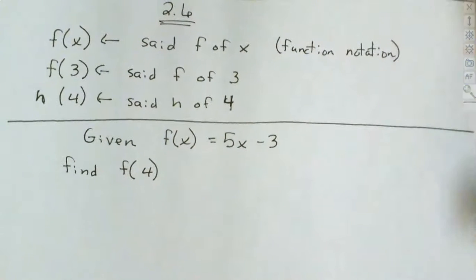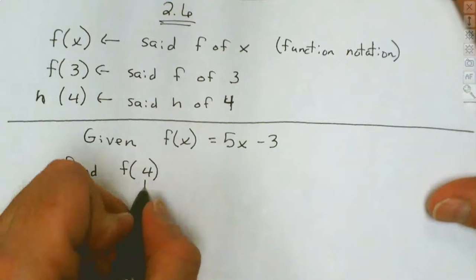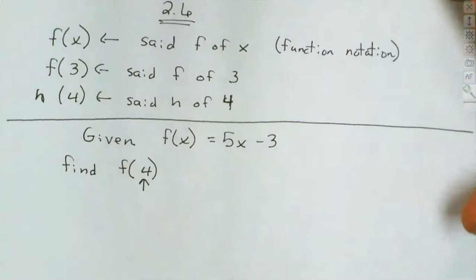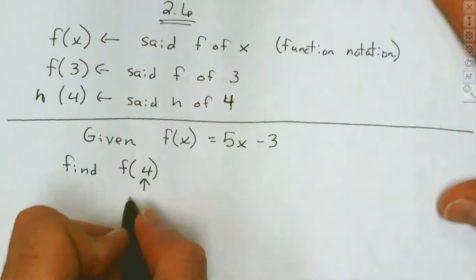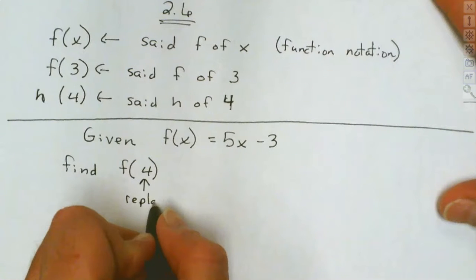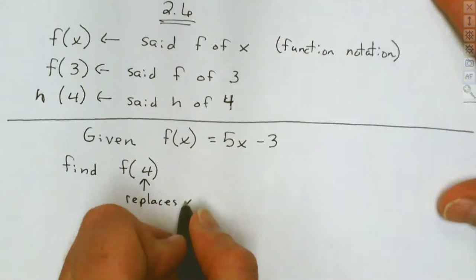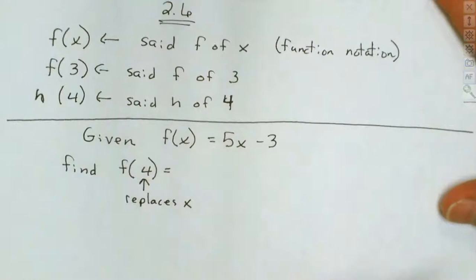It's very, very easy to do. What we do is we replace. So see that 4, that replaces the x. So what would f of 4 be?